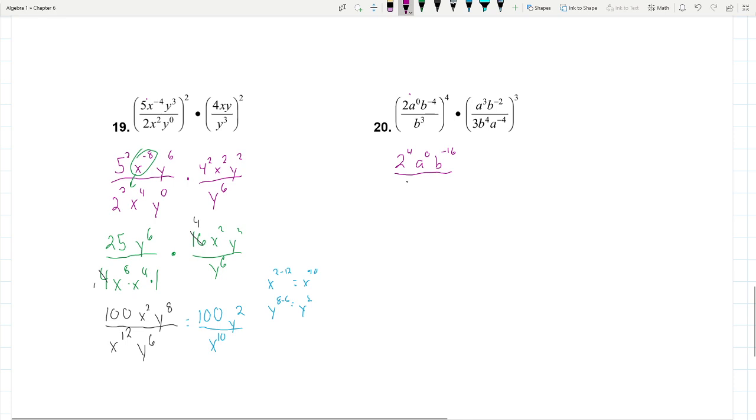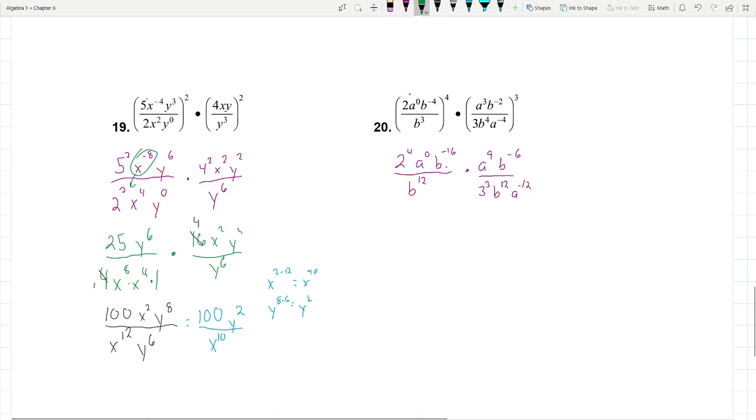Over 3 times 4 is 12, so b to the 12th. Times a to the third power is a to the 9th. This is b to the negative 6th. This is 3 to the 3rd. B to the 12th. A to the negative 12th.